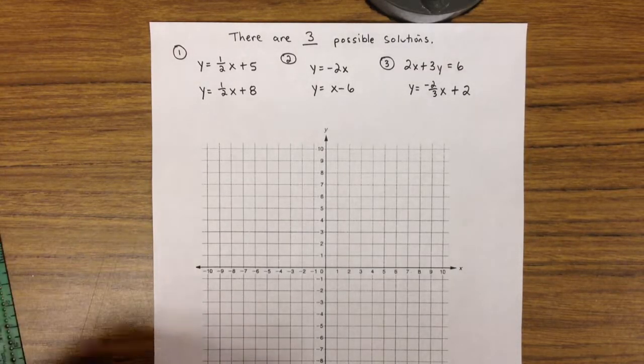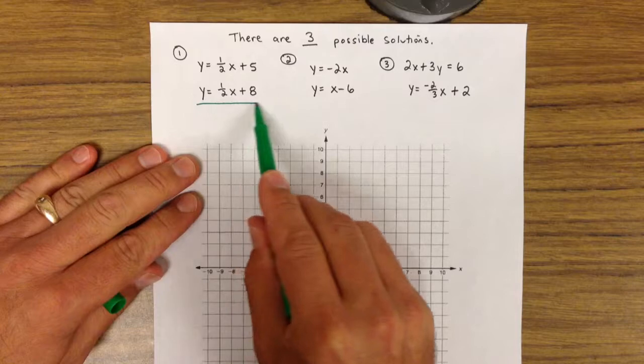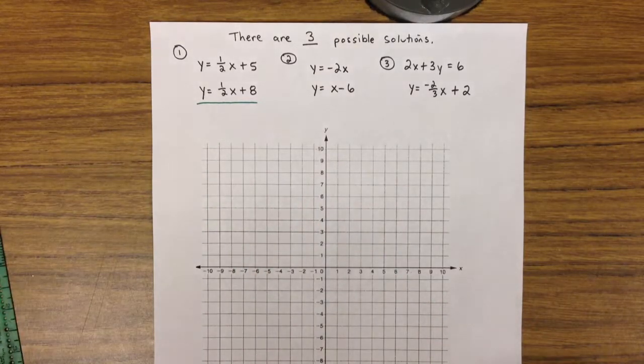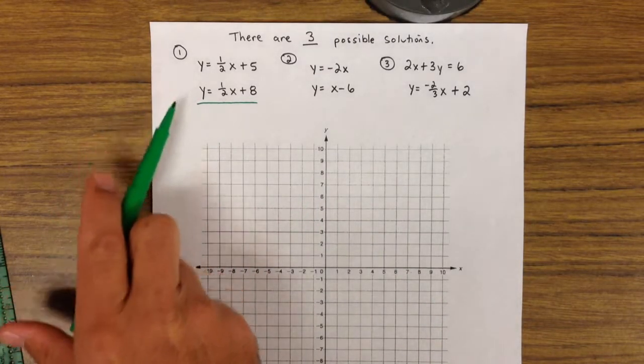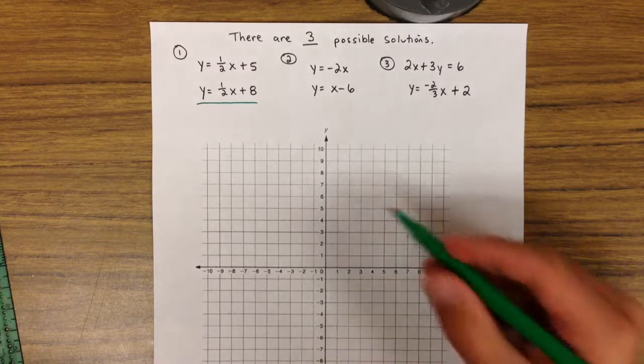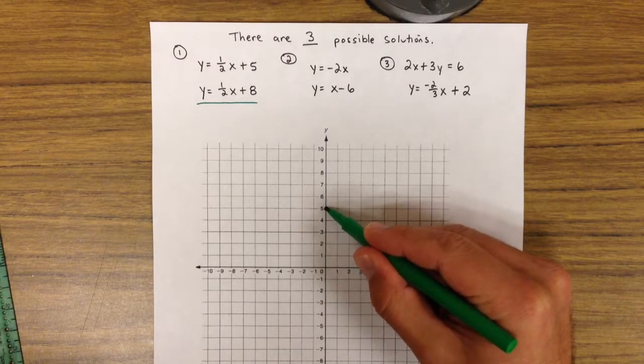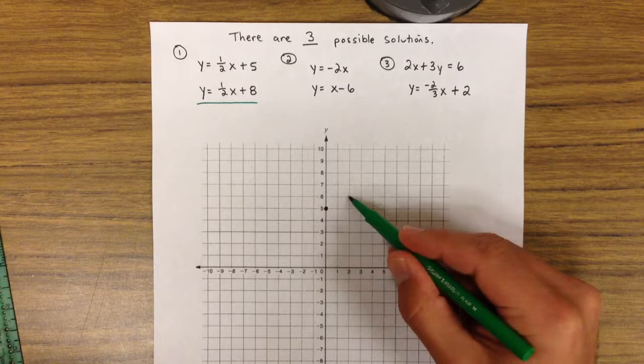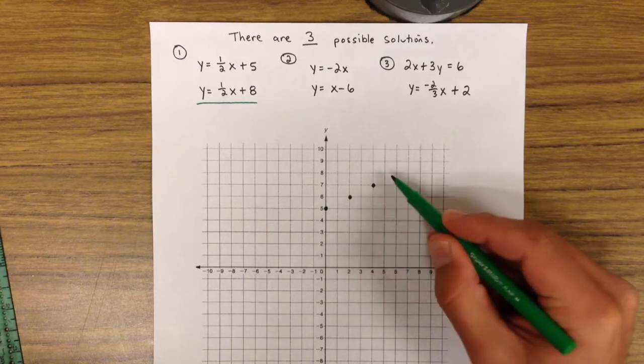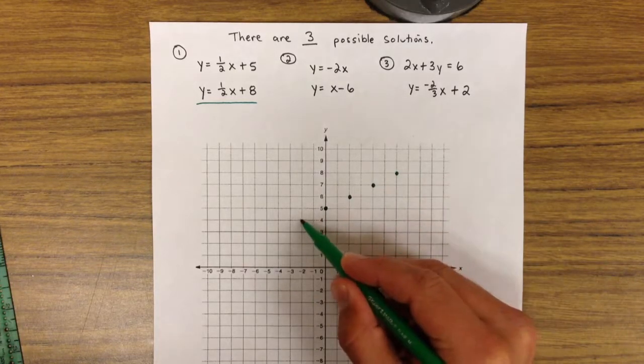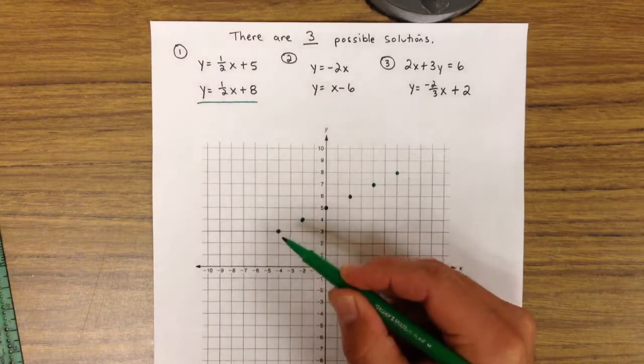So for the first one, I'm going to graph this one in green. They're both in slope-intercept form, so I should be able to graph these fairly easily. The first one crosses at 5, goes up 1 and over 2. There's a slope of 1/2. So I can graph that quick.